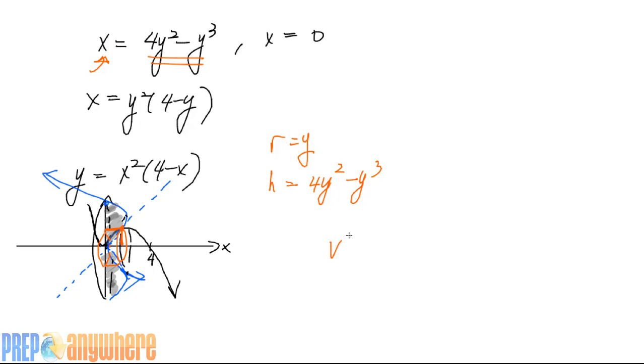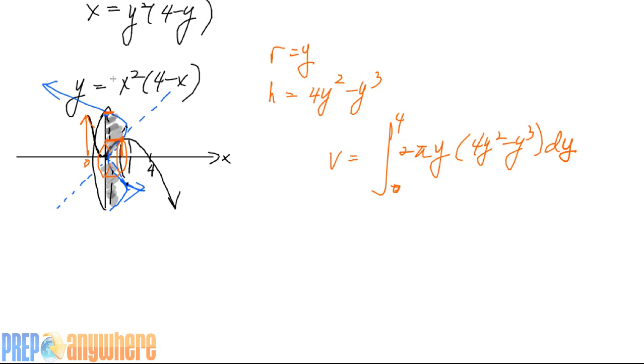The volume is going to be the integration from 0 to 4 of 2 pi r, which is y, times the height, which is 4y squared minus y cubed.